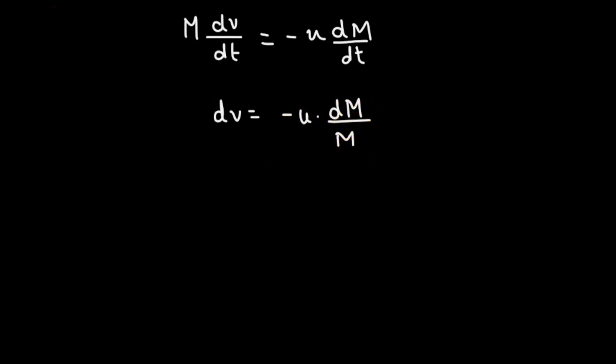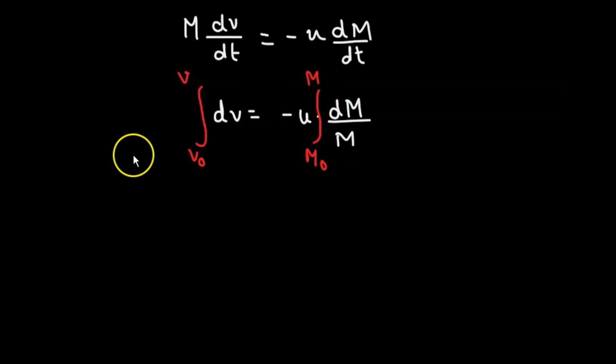Now we're going to integrate both sides, and for velocity we're considering the limits that it starts from v naught and the final velocity of v, and for the mass it starts with an initial value of m naught and ends up with a mass of m.